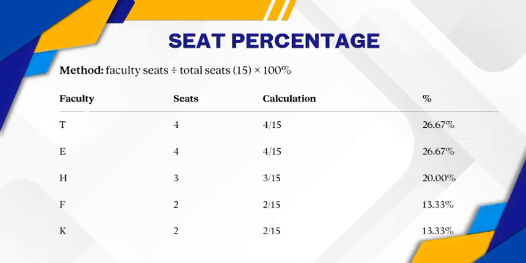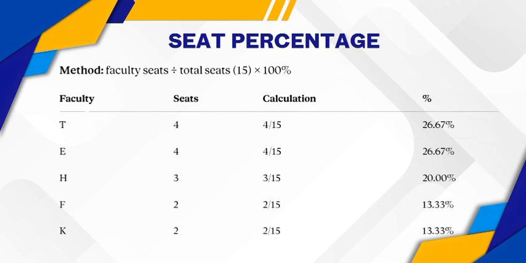So first, let's solve the easy part. How many seats does each faculty actually get in percent terms? The method here is simple. You take a faculty's seats, divide by the total number of seats, which is 15, and multiply by 100. So for example, engineering has 4 seats. 4 divided by 15 gives us 26.67%.